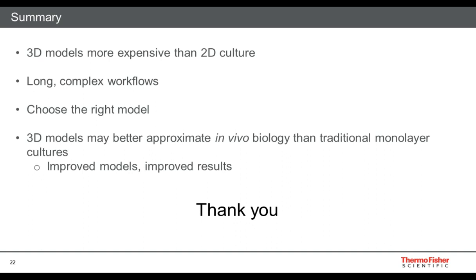Working with cells on ice in a flow hood and those sorts of things creates a bit of an inconvenience, and may add some contamination risks that one would want to be fully aware of. So these sorts of problems are some of the challenges. In addition to that, these materials are derived from a mouse sarcoma.